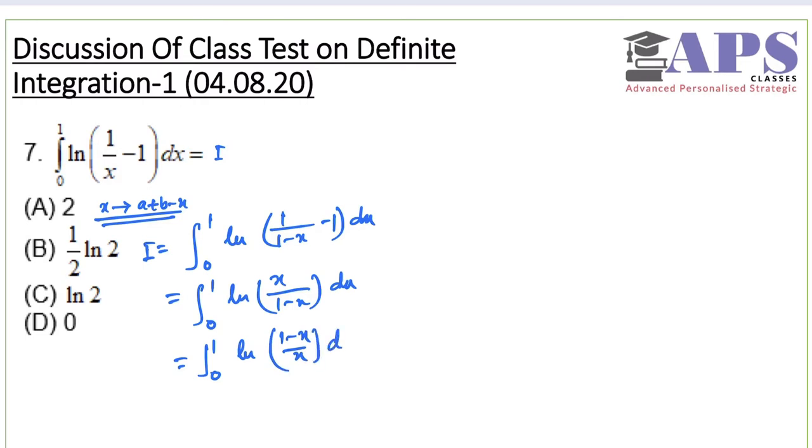If I take reciprocal, then the outside there will be a minus sign. Okay, so this is our minus I, because I can be written as 0 to 1 log of 1 minus x by x dx. Since I am getting I equal to minus I, therefore 2I equal to 0, which gives I equal to 0. So option D is correct here.